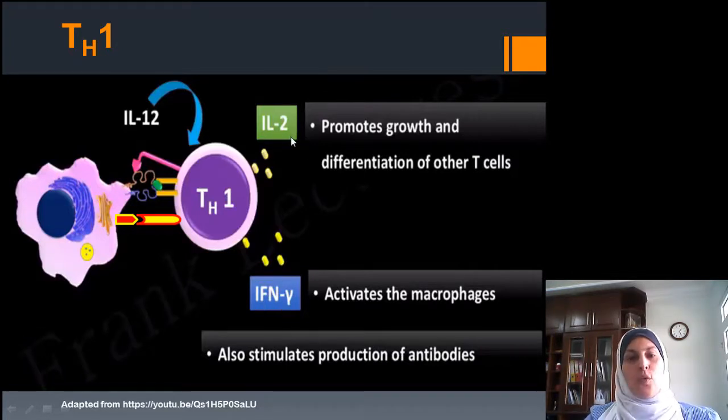Interleukin 2 would promote the growth and differentiation of other T cells, and also would enhance the activation of the same T cells by the autocrine effect, remember that we said earlier. And also the interferon gamma will activate macrophages and stimulate B cells to produce antibodies. So this is the Th1 T helper cells.